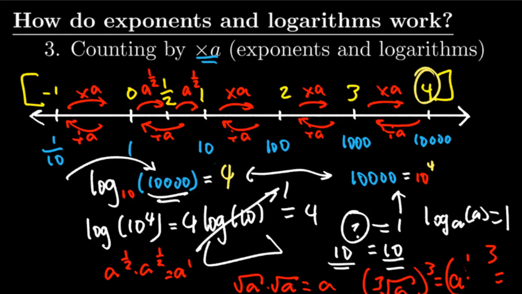So 1/3, 3 times, and this is going to be a to the power of 1/3 times 3, which is a to the 1st. You're going halfway between two things, or a third of the way, or a fourth of the way, whatever it is. And that's why these exponents that are fractions are actually more useful than not.